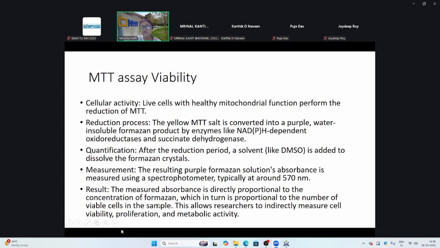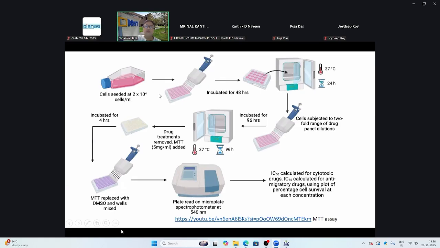That means the cells were healthy and happy. And if the cells multiplied after 1 day, they're healthy and happy. So you can do this experiment and see how cells are surviving with a drug, without a drug. And so this is a full summary of how it is performed. In this summary, let me walk you through this.